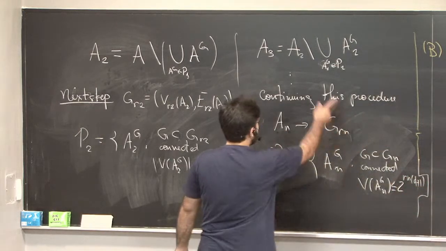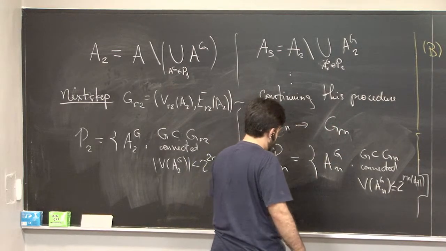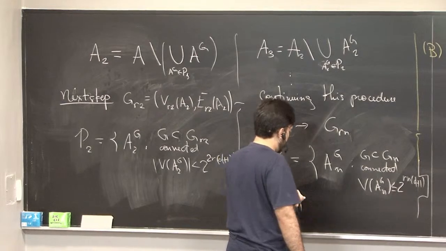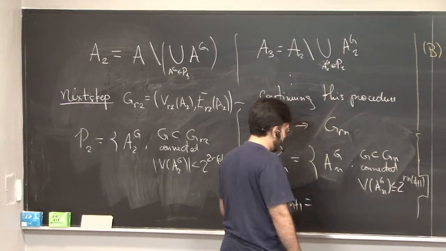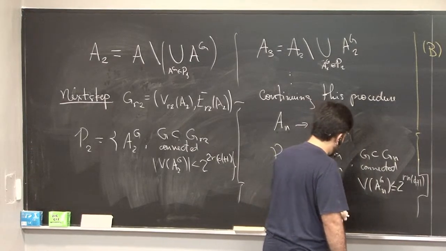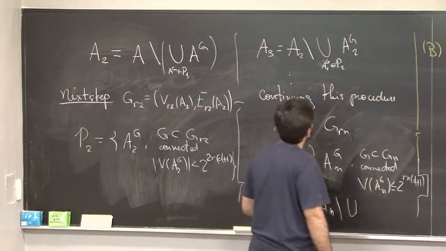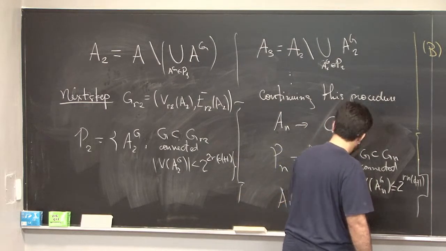And then after we do this, we define the set in the next step as being the set in the last step minus the sets that I extracted already in this scale.